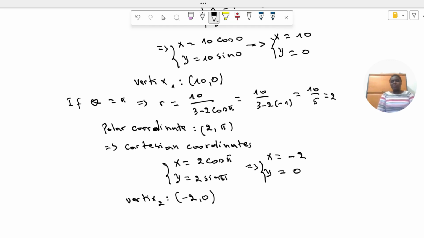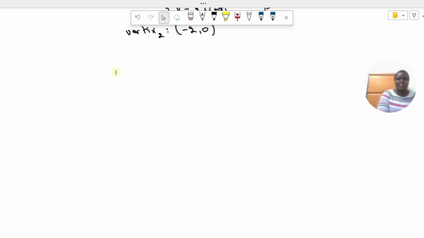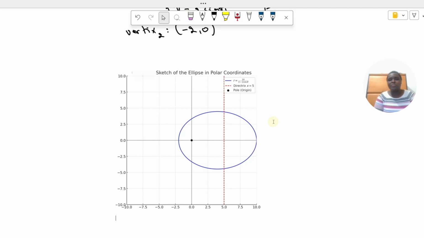So now let's sketch it. I'm not going to sketch it, but I'm going to show how the sketch will look like. I already have a sketch here, and I'm going to show it to you. The sketch has this form. You can see that on this sketch we have the focus at the origin.